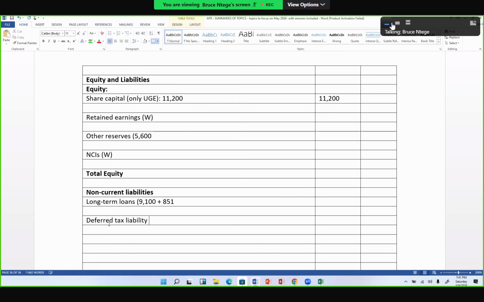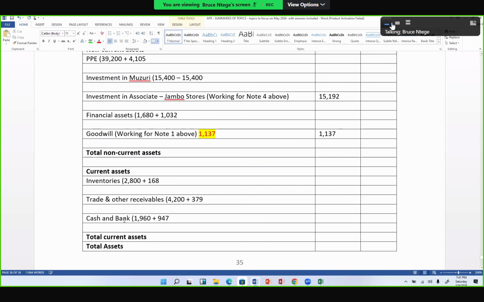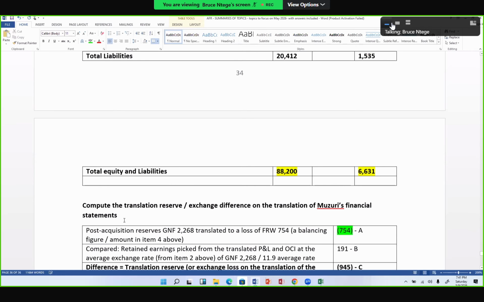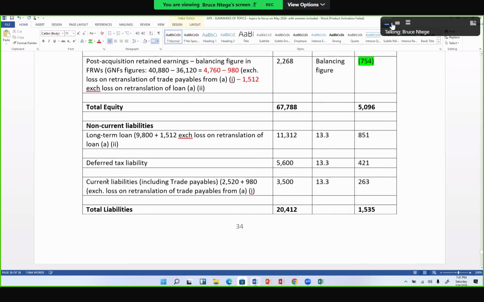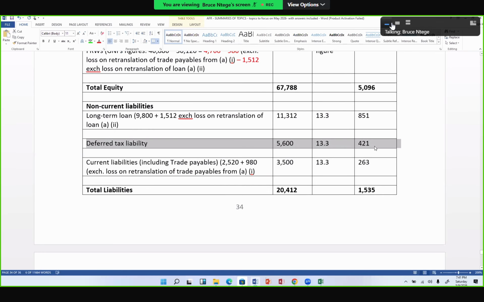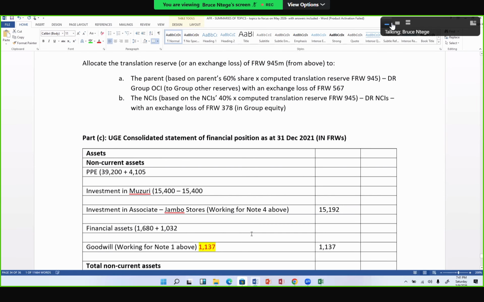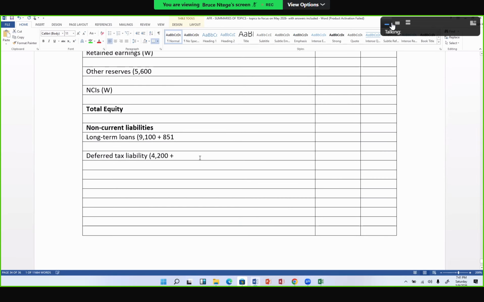Again, we look at the figure we translated under Missouri in part B. Deferred tax liability, yes, there it is. The figure we're looking for in francs is the 421. So I'll pick that 421 and take it down there. It's a plus 421. So this should give me the total of the non-current liabilities.